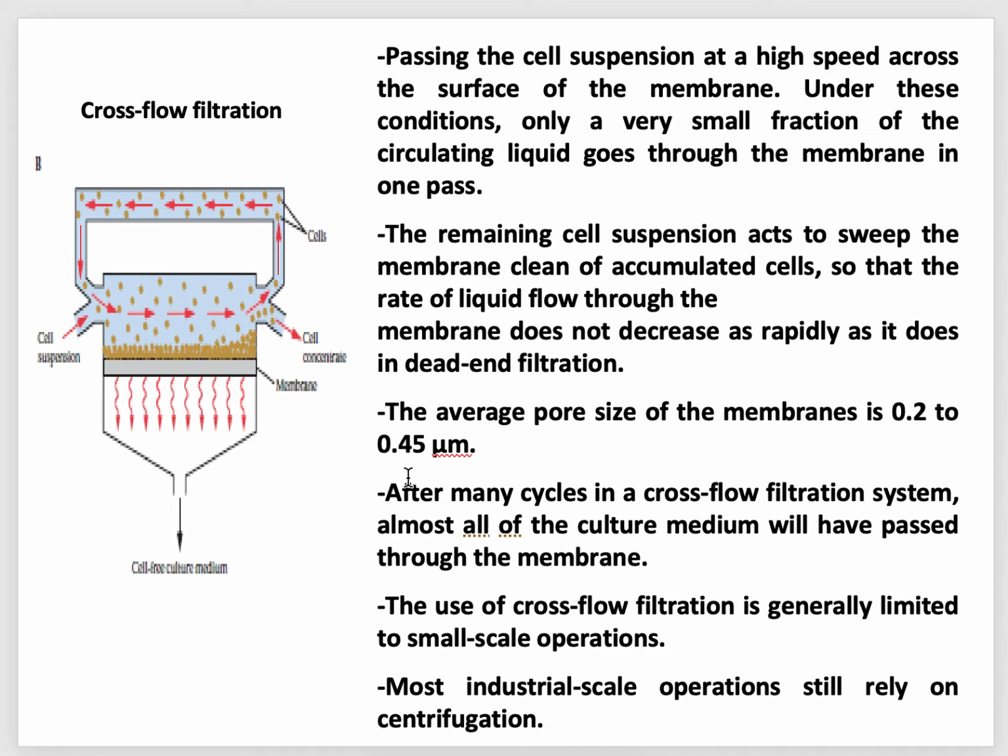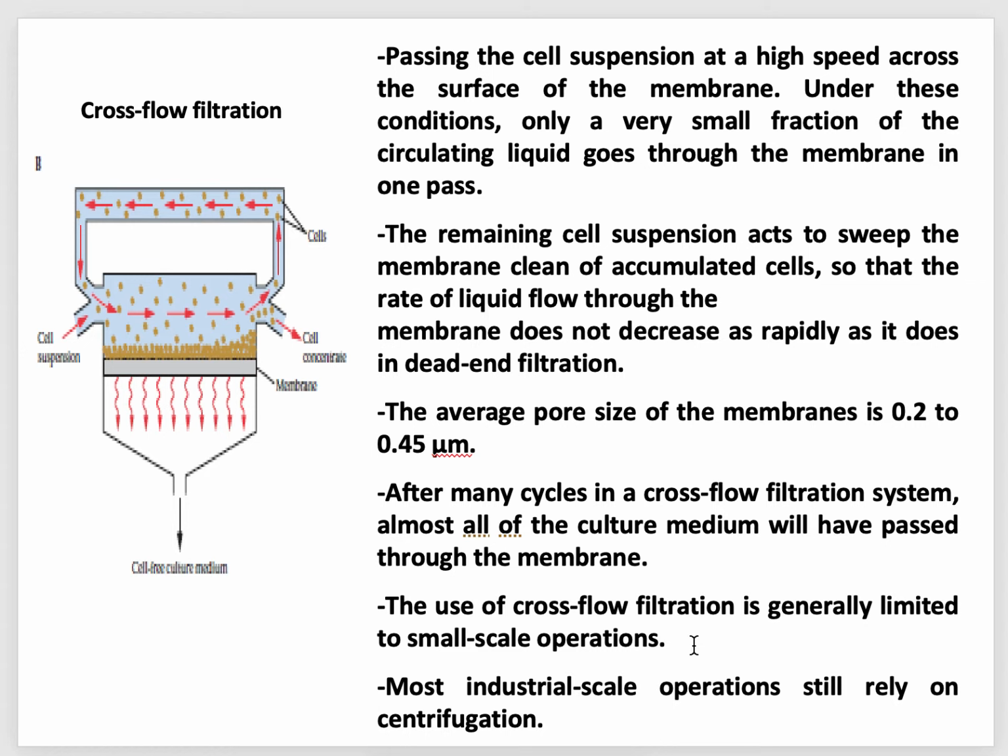Usually the filters used for filtration have an average pore size of about 0 to 0.45 micrometer. After many cycles in a cross flow filtration system, almost all of the culture medium will have passed through the membrane, because we just recirculate it.